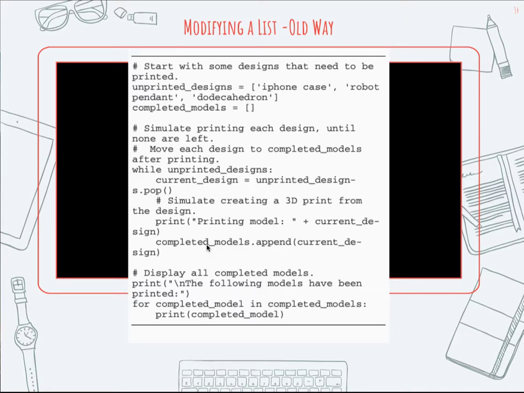It then adds the design to the list of completed models. So here's that print statement. When the loop is finished running, a list of the designs that have been printed are made right here.